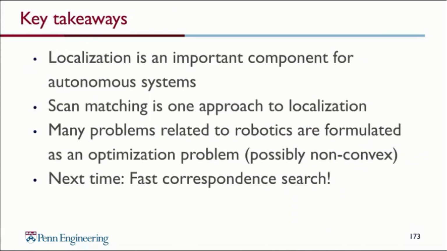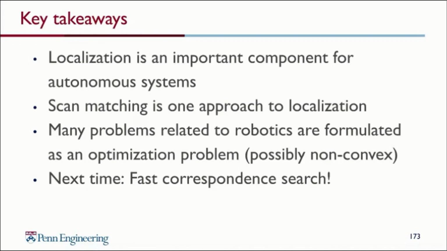Now, some key takeaways from today's lecture are that localization is an important component for autonomous systems, and scan matching is one particular approach to localization. Another, more general takeaway is that many problems related to robotics are formulated as optimization problems. And as we've shown in our situation as well, many times these problems are non-convex.